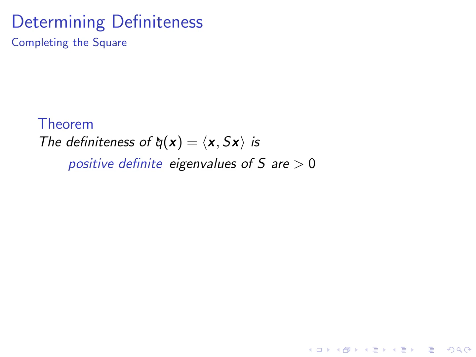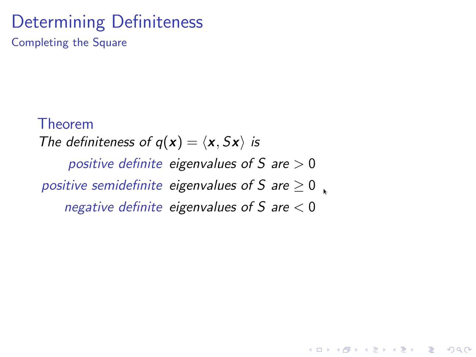Well, it turns out that the quadratic form is guaranteed to be positive definite if all of the eigenvalues of this matrix are positive. The quadratic form is guaranteed to be positive semi-definite if all of the eigenvalues are non-negative. The quadratic form is guaranteed to be negative definite if the eigenvalues are all negative numbers.